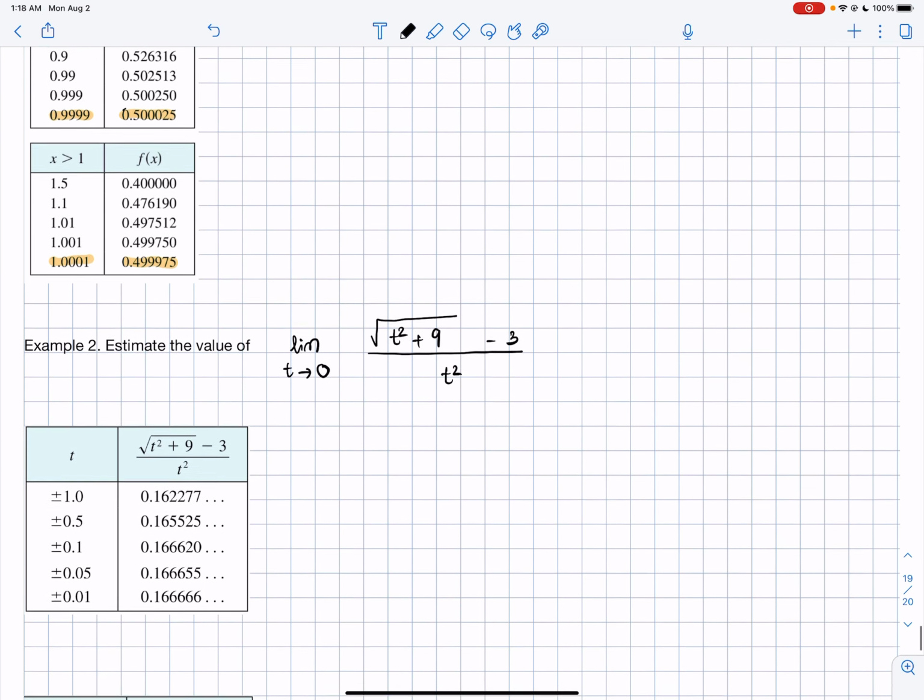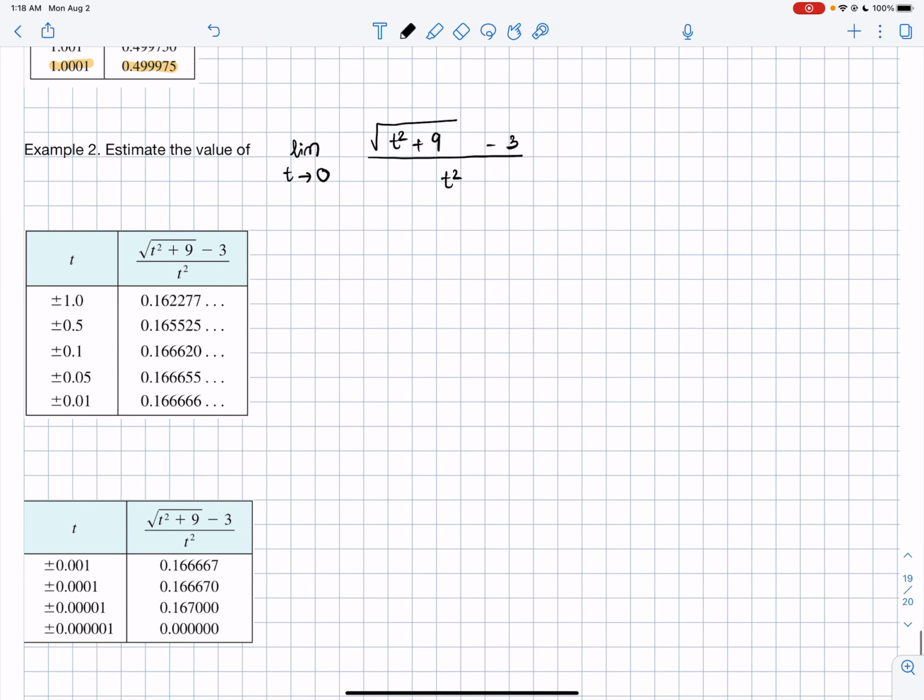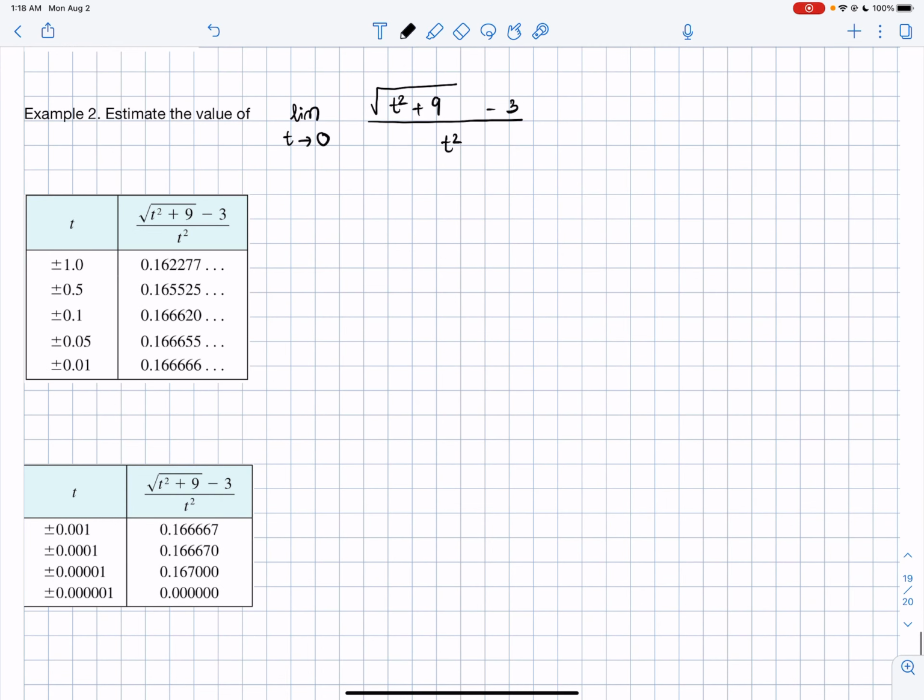In example number 2, we also have the table, and we have the value t² in the function. When you plug in t positive or negative, it gives us the same value. So in the problem, they combine them to make it short, with plus and minus.